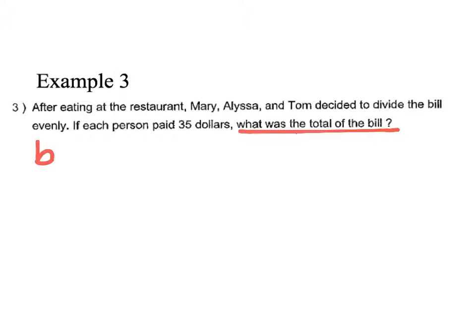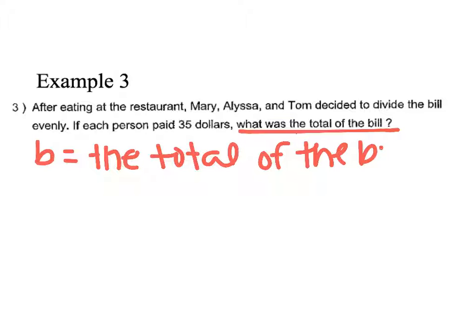Pick a letter and define it. B, X, Y, Z, whatever, would be the total of the bill. That's what we're looking for. That's what we don't know. We don't know what the total cost of the bill was, so that's what we're solving for.